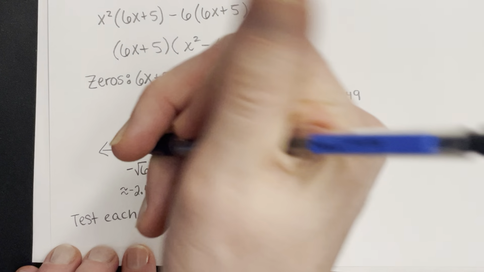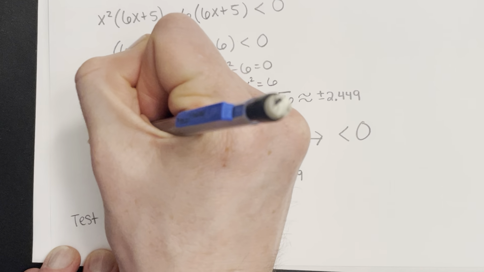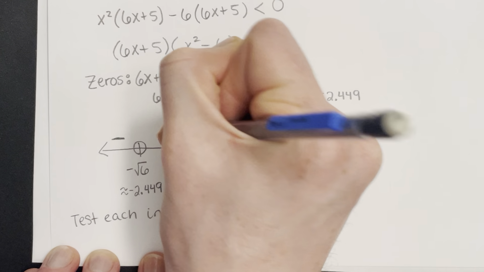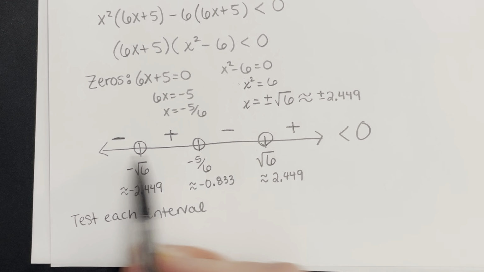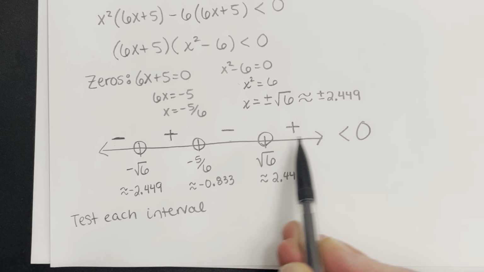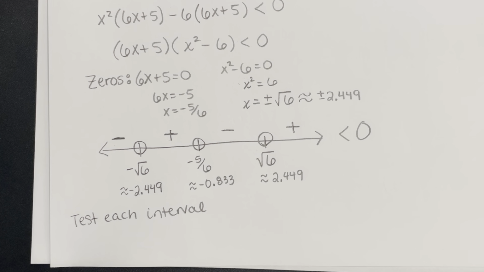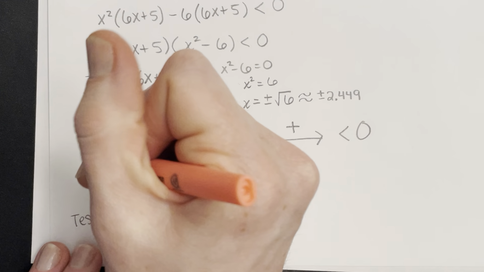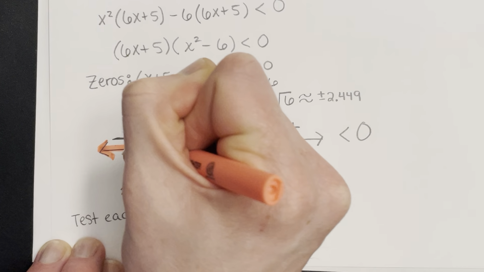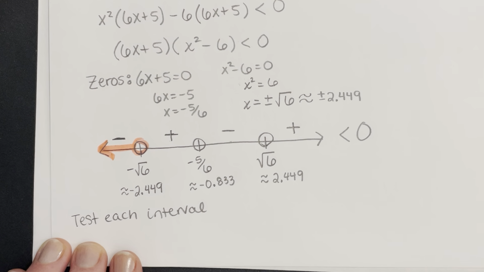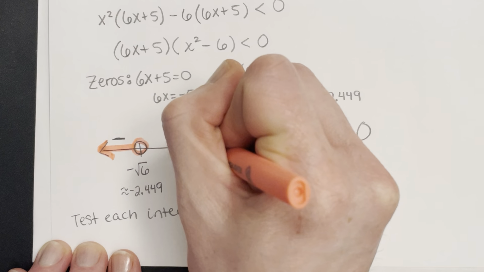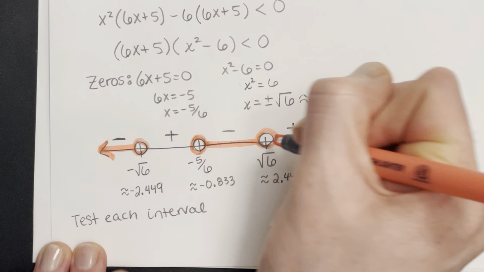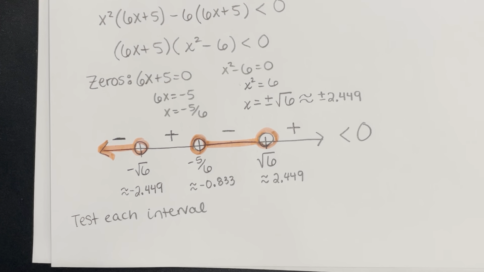All right, so in this case, after I do this, I should end up with these intervals, a negative, a positive, a negative, and then a positive. We care about when it's less than 0, which is this area to the left here of negative square root of 6, and this area in between negative 5/6 and the square root of 6.